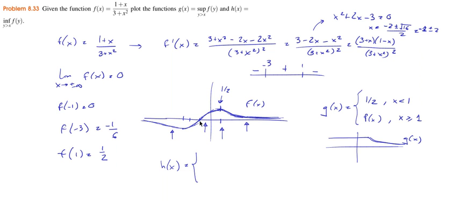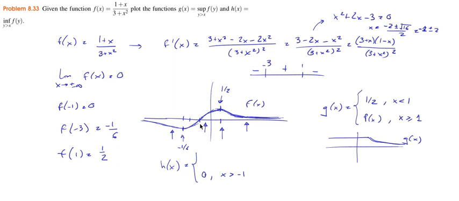So if x is greater than minus 1, the infimum is going to be 0, right? Now, the infimum of this set between these points is going to be exactly the minimum, which is at minus 3, minus 1/6.